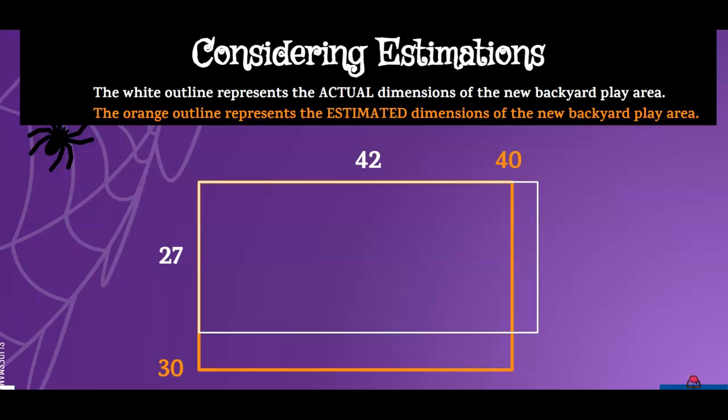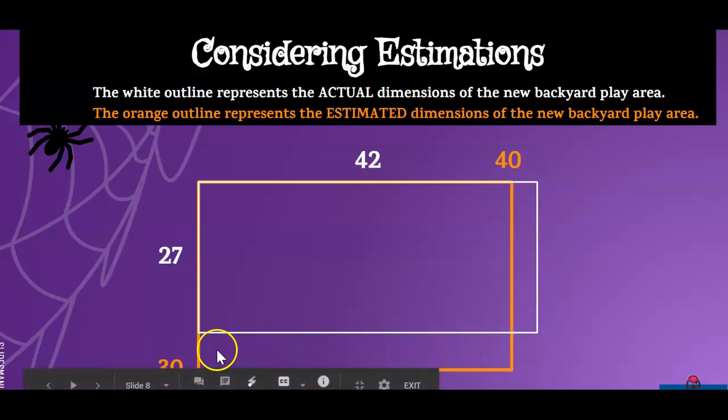On this slide, the demonstration shows us the actual dimensions of 42 times 27 in the white. The white lined outline is the actual dimensions if we multiply the 42 times 27.